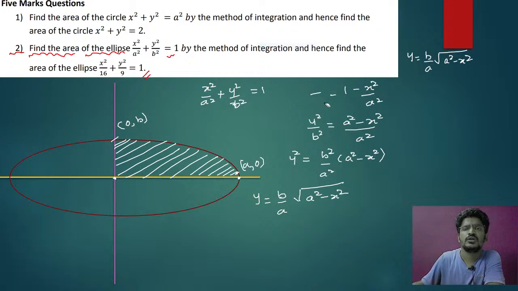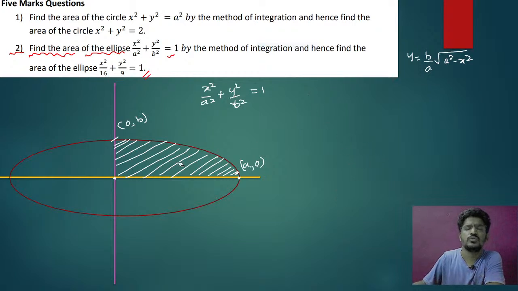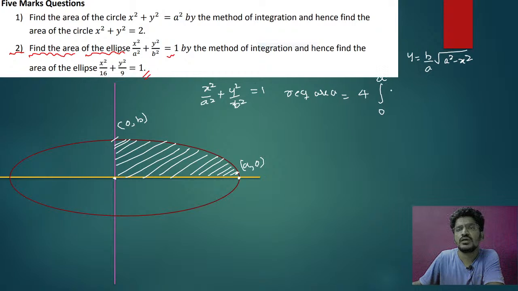Okay. I will take this out, and we have to do the integration. So now the required area is equal to 4 times the integration from 0 to a of b by a root of a square minus x square.